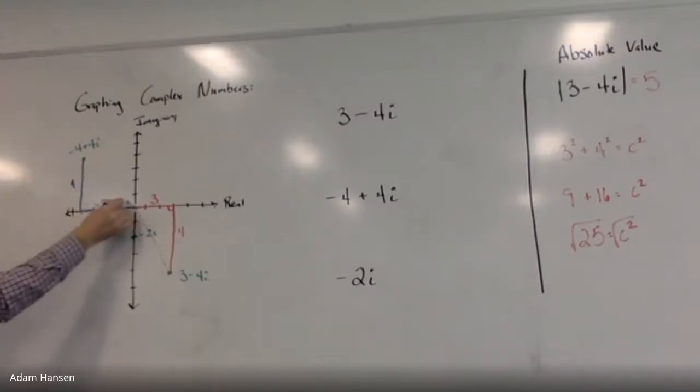So I need to figure out what that distance there in blue is, the distance back to 0 for our absolute value.